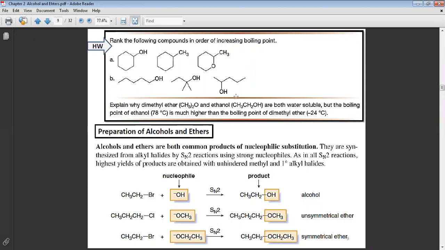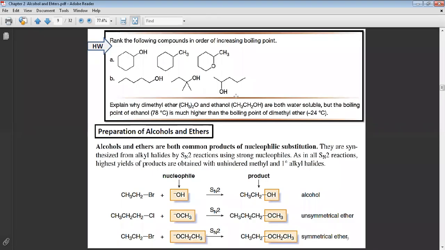Also this and this and this. I think it's easier. Explain why dimethyl ether and ethanol are both water soluble. Why? Of course, you know why. But the boiling point of ethanol, 78 degrees, is much higher than the boiling point of dimethyl ether.